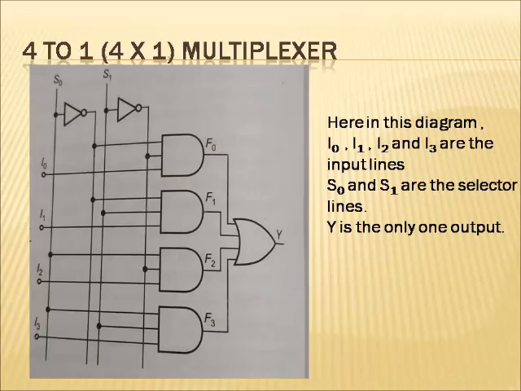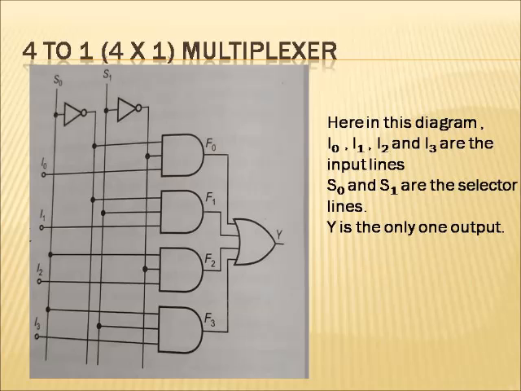In a 2-to-4 decoder we have 2 input signals, say S0 and S1, and its outputs go through the 4 AND gates. Here we have some attached input lines, and those 2 lines S0 and S1 are the selector lines.